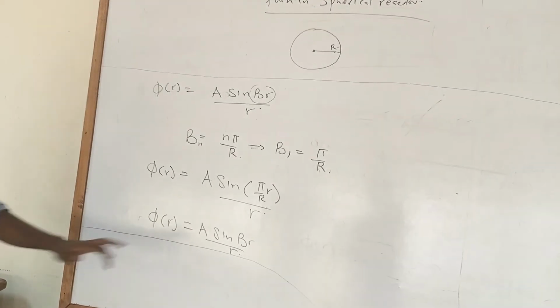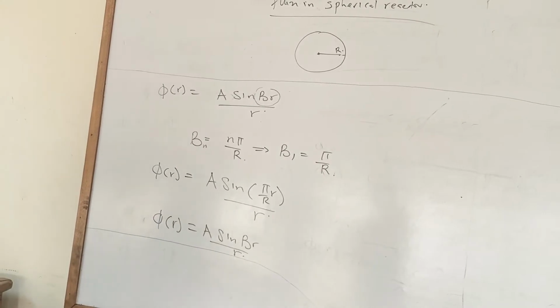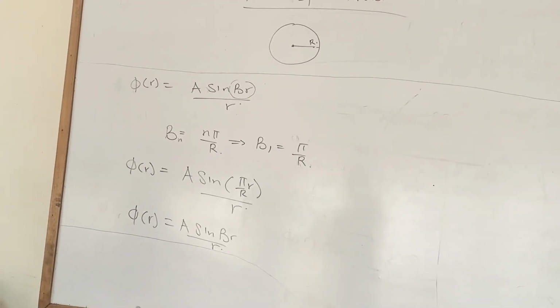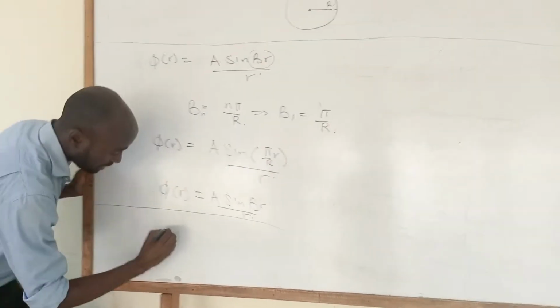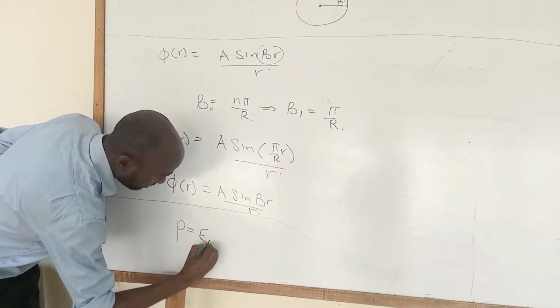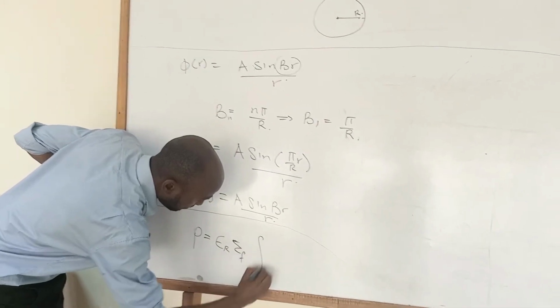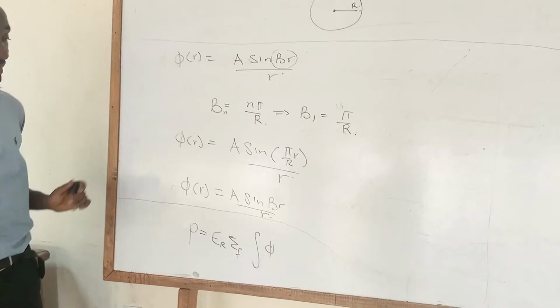The next one is how are we going to calculate the A? We are going to go through the operating power of the reactor. The power, like you know, is the recoverable energy times the flux.